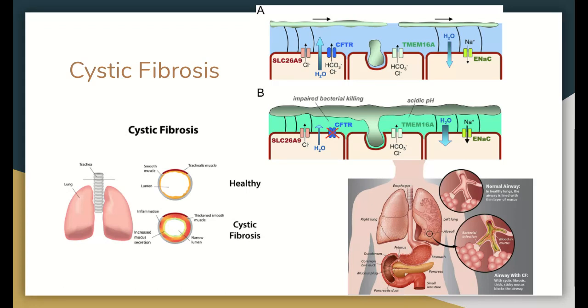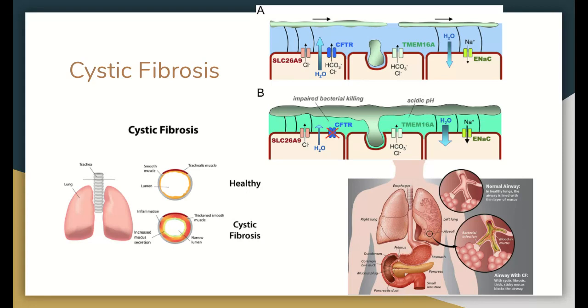And basically that is, you start to get this thick mucus buildup on the outside of the cell linings, especially in your lungs, but it can be other places in your digestive tract, pancreas as well. And then that mucus can harbor bacteria and cause secondary infection that can be very dangerous.